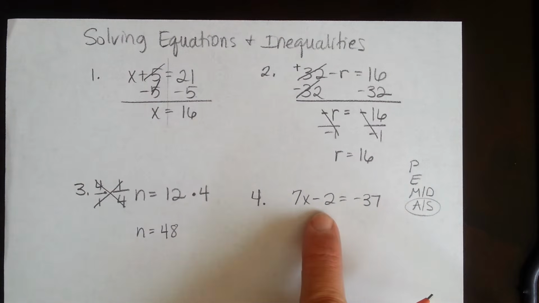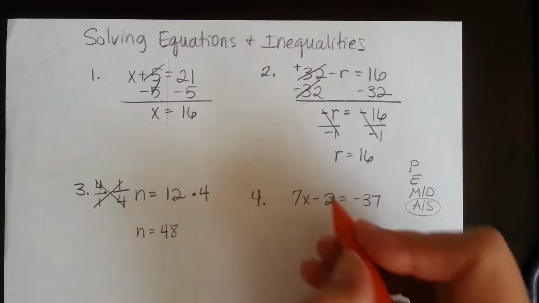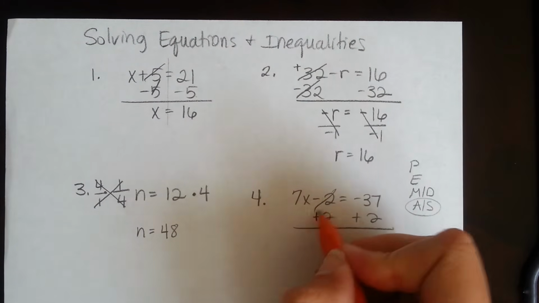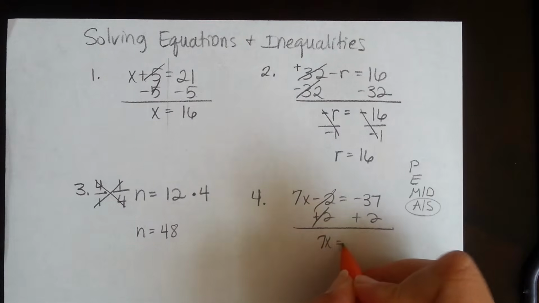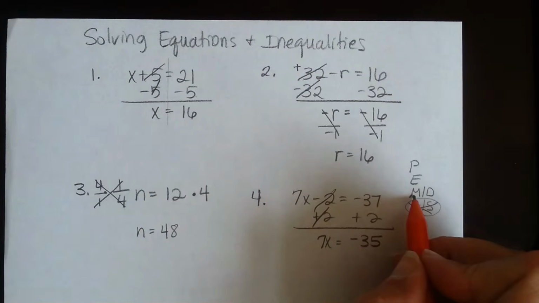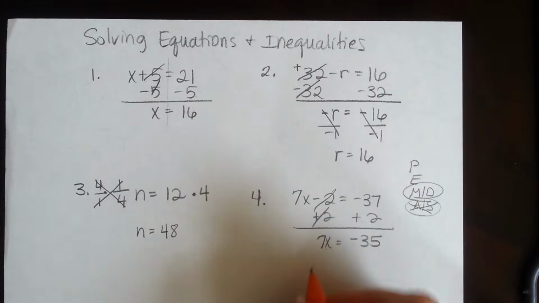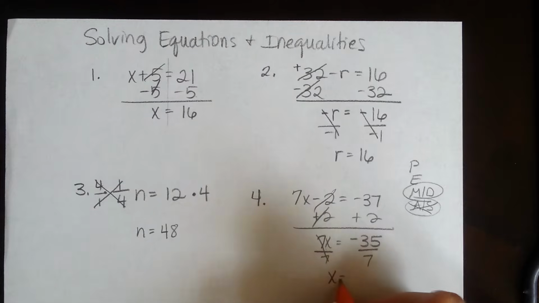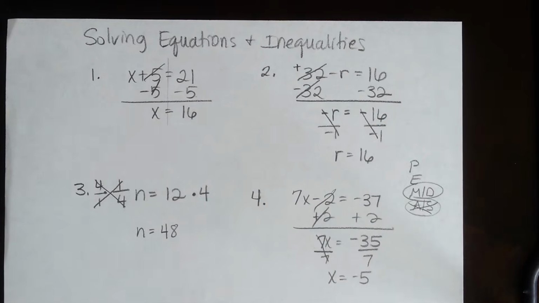We have minus 2, so we would get rid of that by adding 2 to both sides. So we have 7x equals negative 35. Then we would get rid of our multiplication or division. This is multiplied by 7, so to get rid of it, we're going to divide by 7. So x equals negative 5.